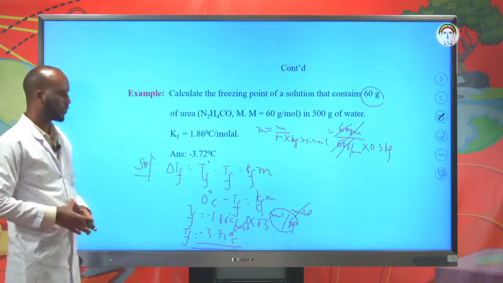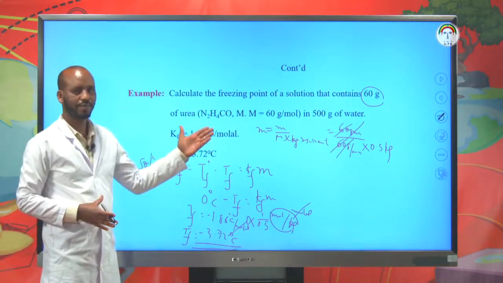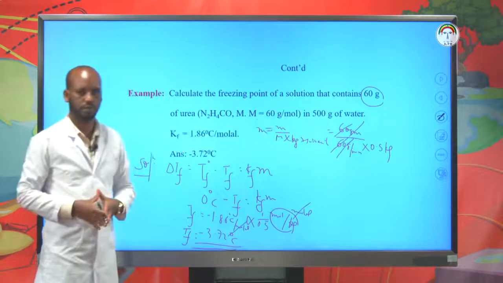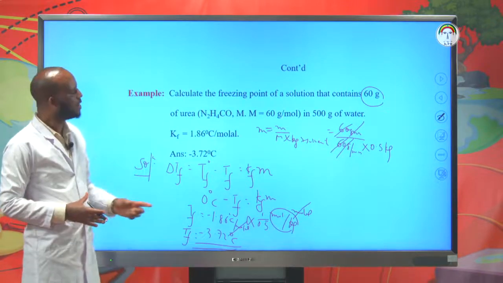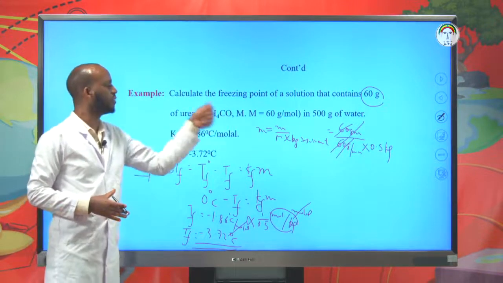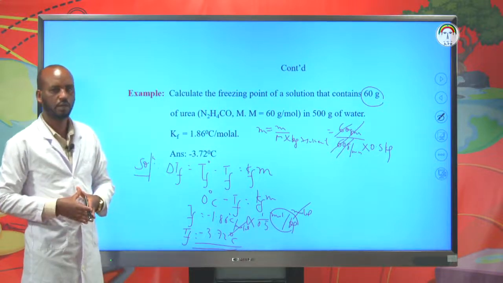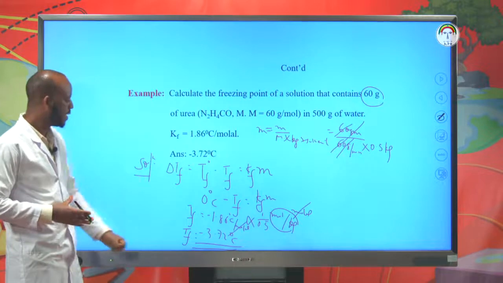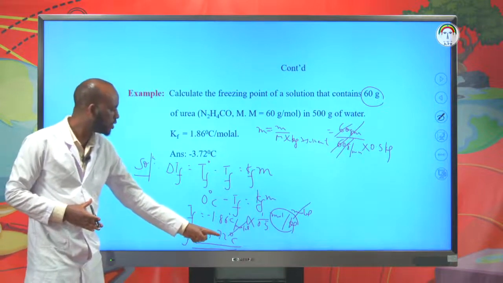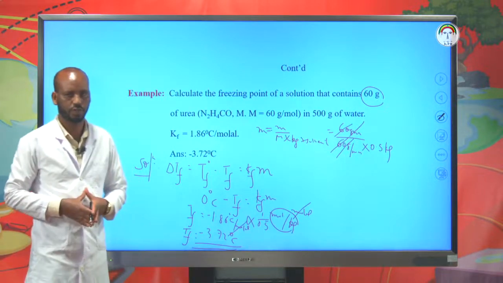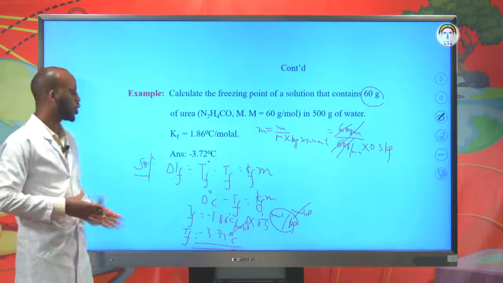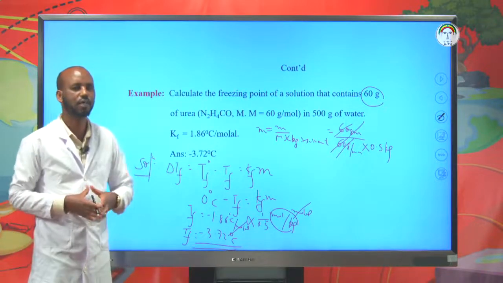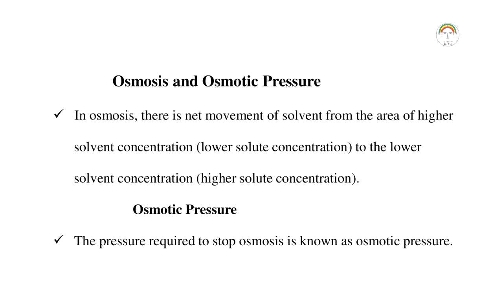You see, water freezes at 0 degree centigrade. When urea dissolves in it, freezing point of the solution becomes minus 3.72 degree centigrade. Therefore, freezing point of the solution is lower than that of a pure solvent.